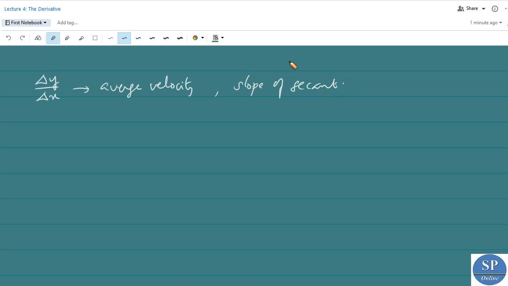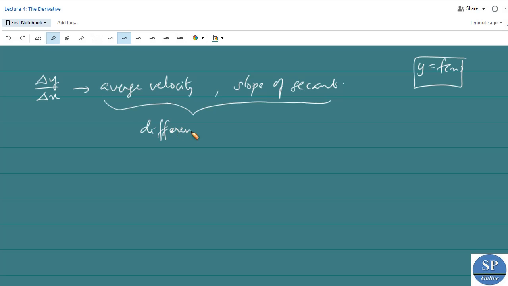Now we are going to introduce a new terminology for this type of delta y by delta x, which can be used in any situation. So for any function y equal to f of x, we are going to define such terms. We can replace these terms average velocity and slope of the secant line by a term difference quotient.